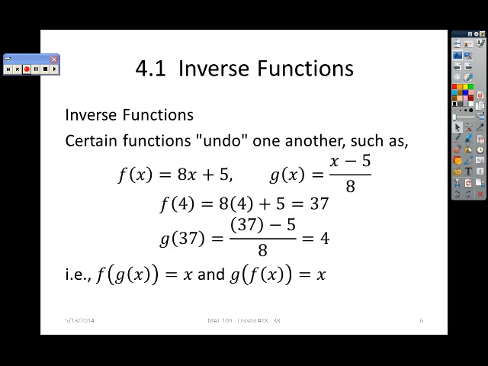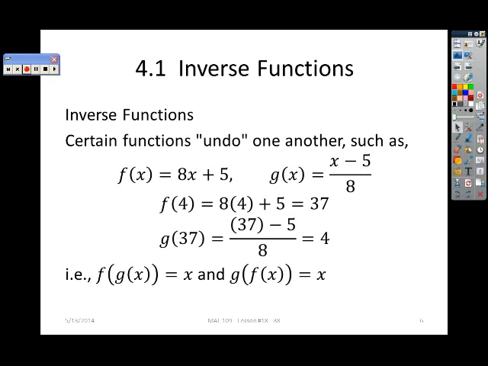You're going to take one function and evaluate it, use that result as an argument for the other function, and if that takes you back to the starting point, then they're inverses. If you recognize that, that's the composition operation, where you're taking a function of a function.